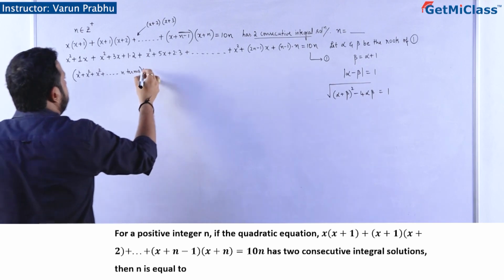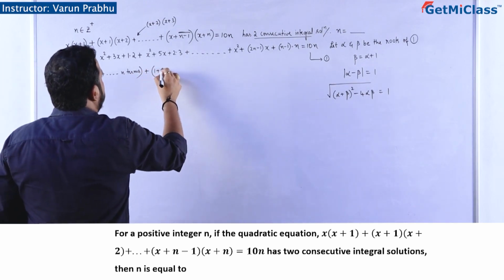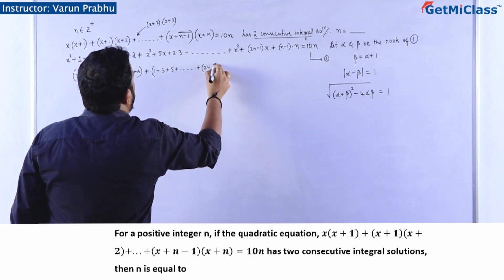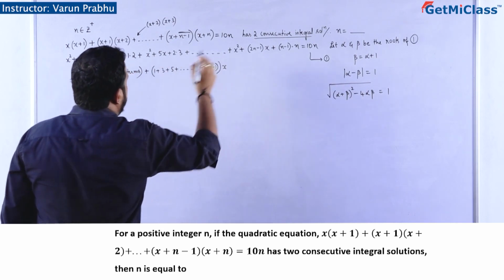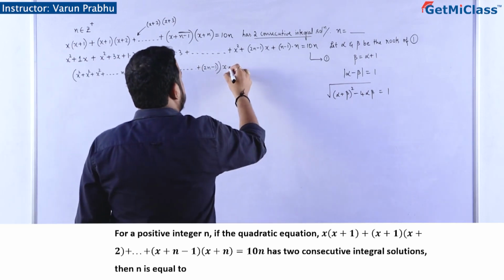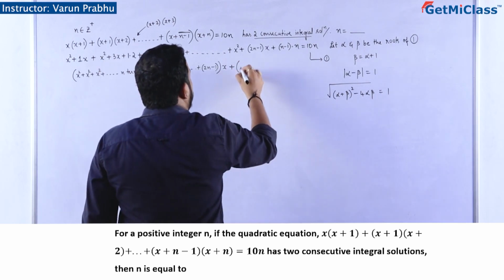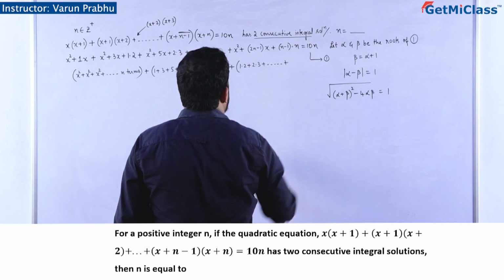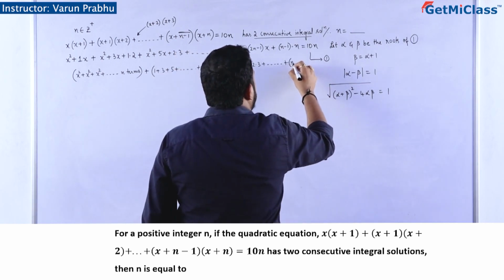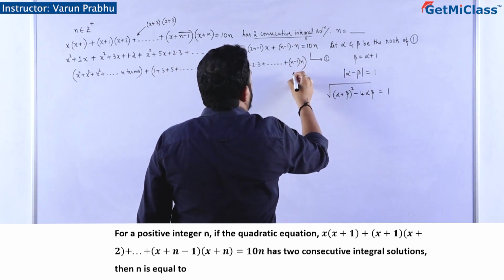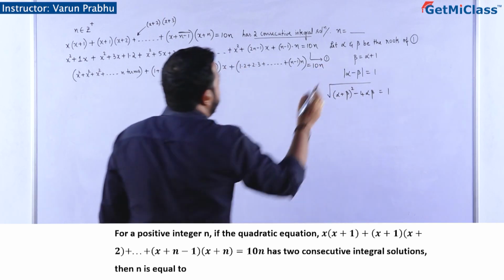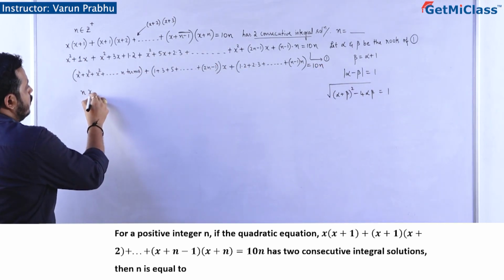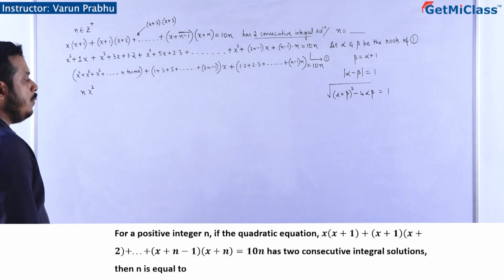Plus 1 plus 3 plus 5 plus so on up to 2n minus 1 times x, plus 1 into 2 plus 2 into 3 plus so on up to n minus 1 times n. That is equal to 10n, is it not? So I can write this x square n times as nx square.